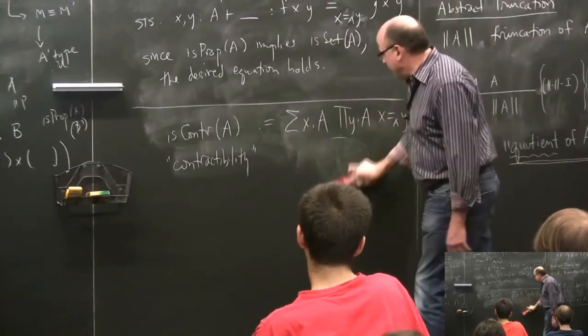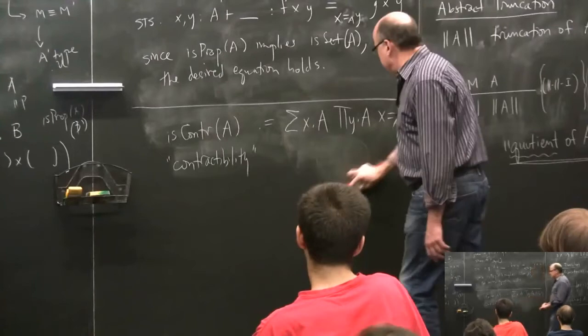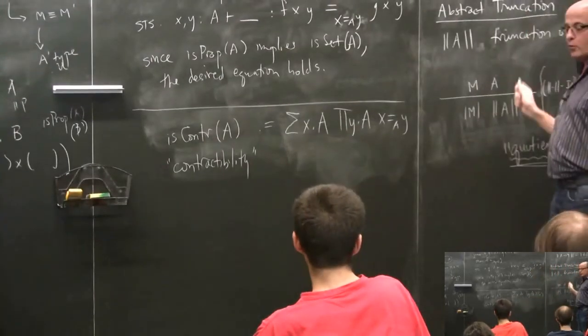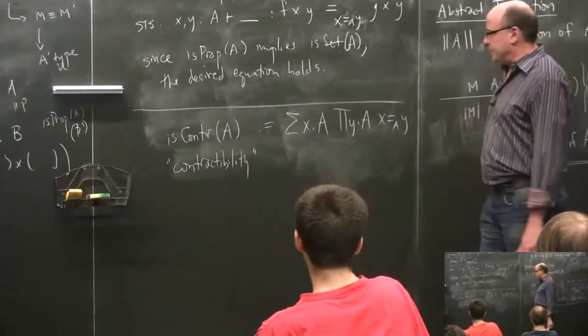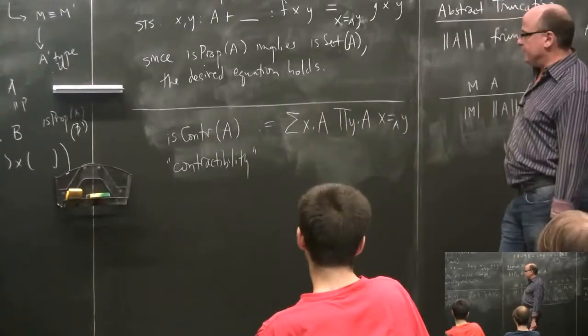Okay? So, in fact, you can then prove a type is contractible if it's equivalent to 1. So you'll be able to do that. So let's define that as contractibility.